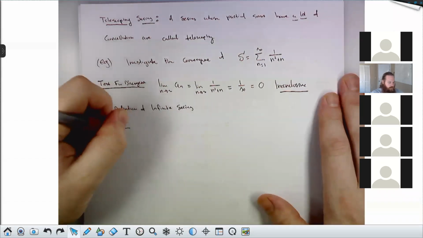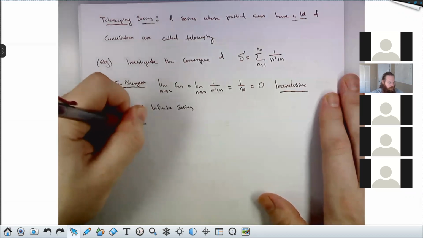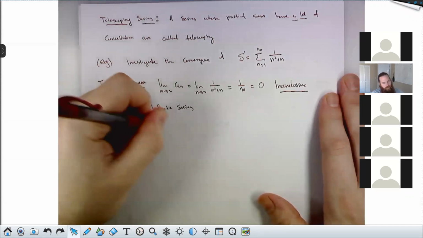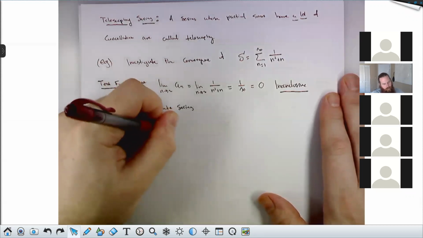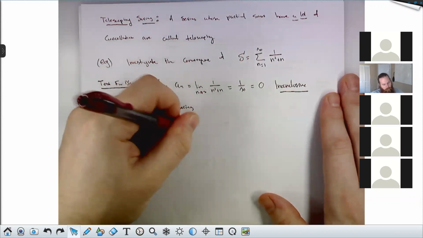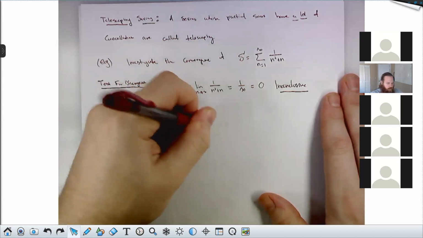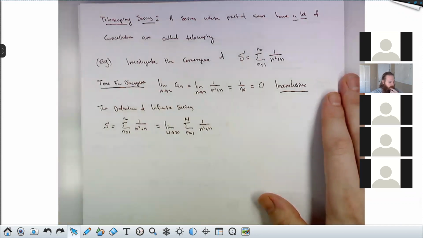So S is the sum from 1 to infinity of 1 over n squared plus n. That is the limit as capital N goes to infinity of the sum from n equals 1 to capital N of 1 over n squared plus n. You write it as a limit of the sequence of partial sums.